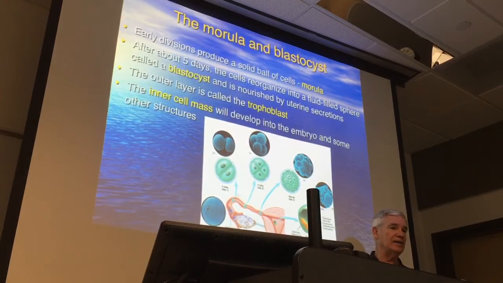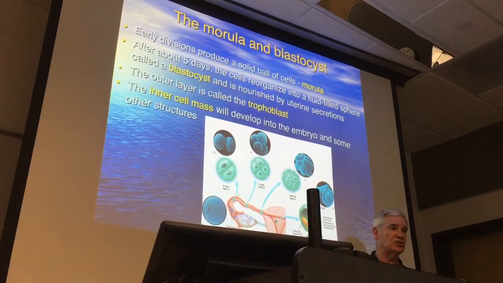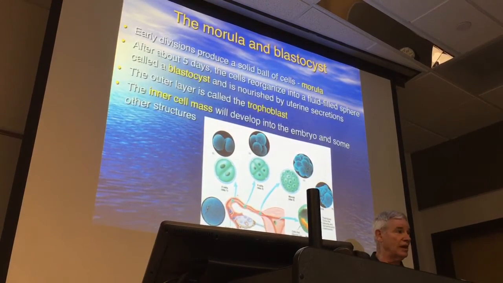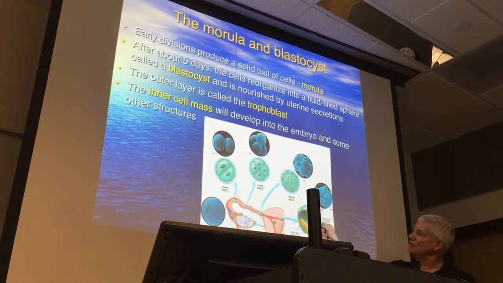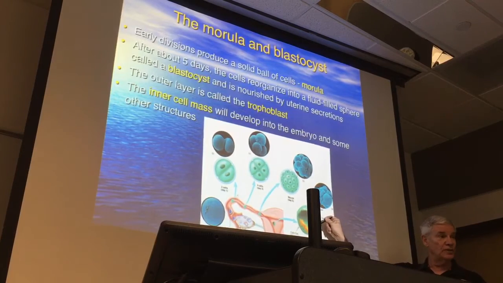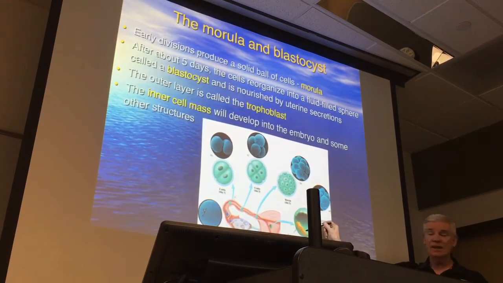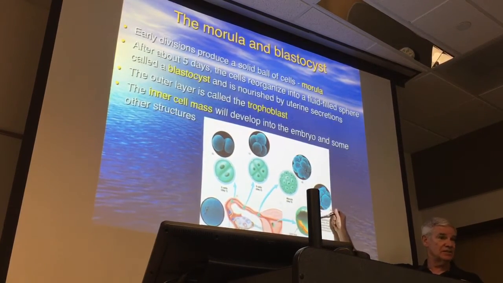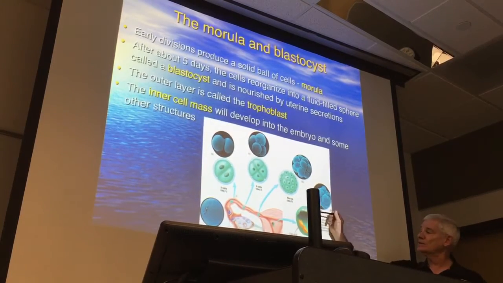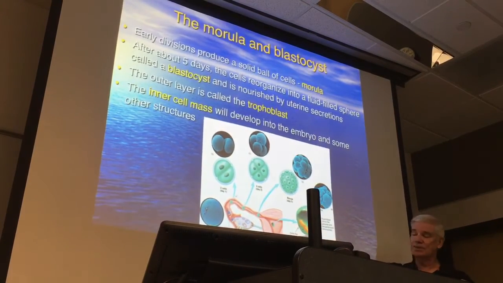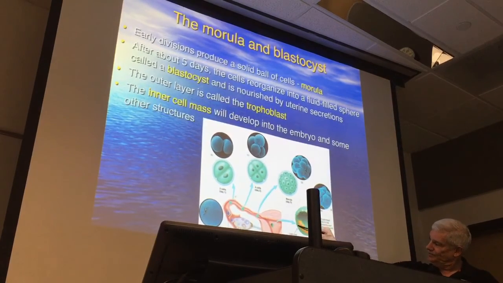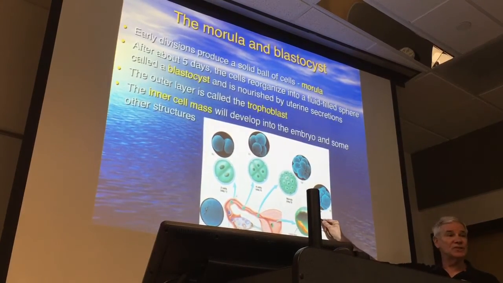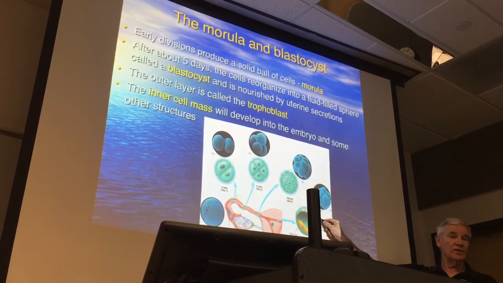At about day 5, there's a rearrangement of the cells in that solid ball of cells, and they form a fluid-filled hollow sphere. This is called a blastocyst. That's what begins implantation, and that's what we have basically inside the uterus. And the cells forming the outside of the ball are called the trophoblast.